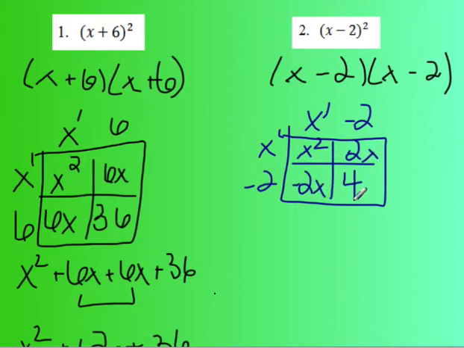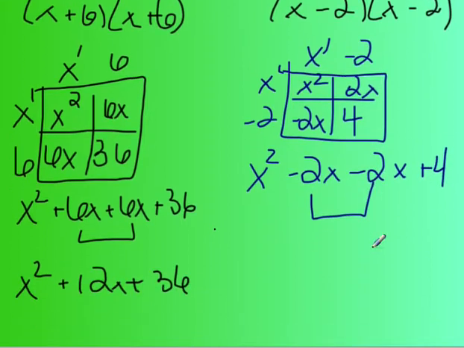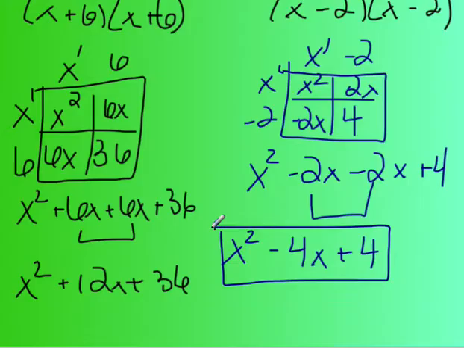And negative 2 times negative 2 is 4. So I get x squared minus 2x minus 2x plus 4. Then we combine our middle two terms: negative 2x minus 2x is negative 4x. So x squared minus 4x plus 4 is our final answer for number 2.